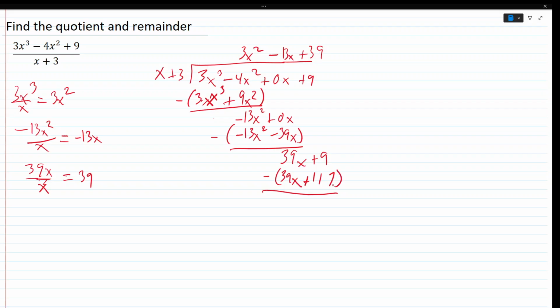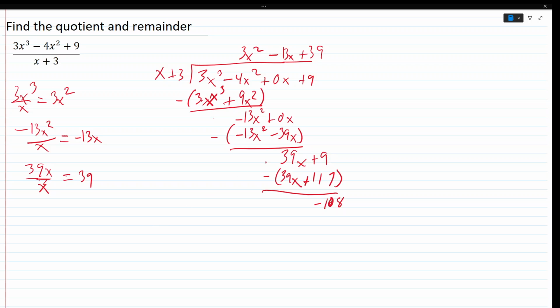Subtract that. So the first terms again cancel, so you get 9 minus 117, so that'll be negative 108. So our quotient in this case is 3x squared minus 13x plus 39. Our remainder is negative 108.